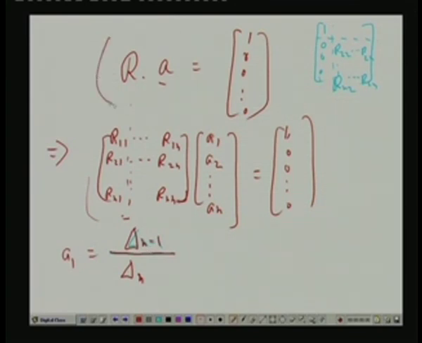So, on this equation, I multiply on both sides on the left by A Hermitian, so I have A Hermitian R A.